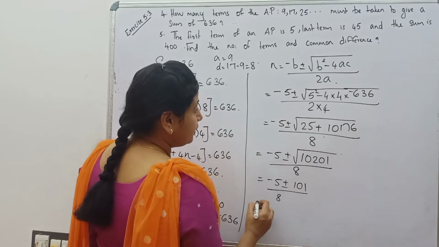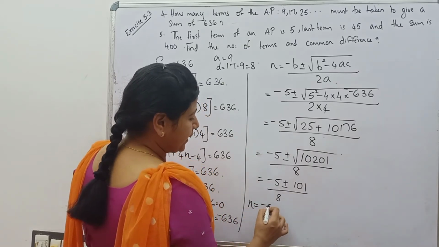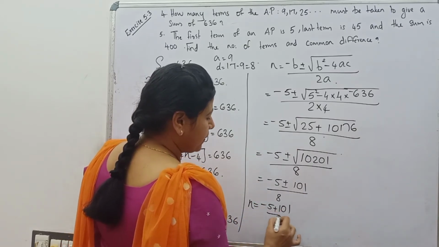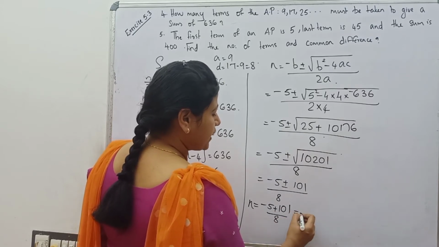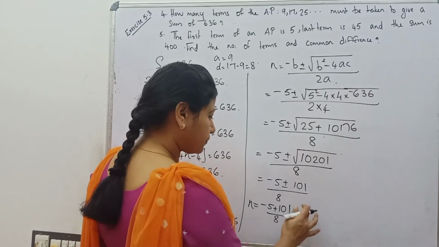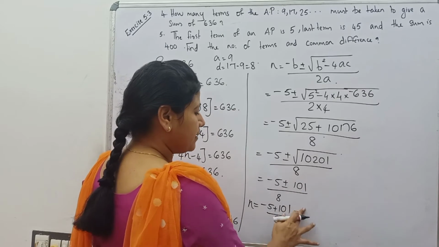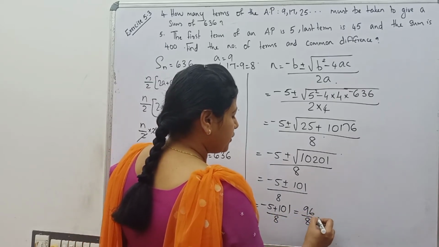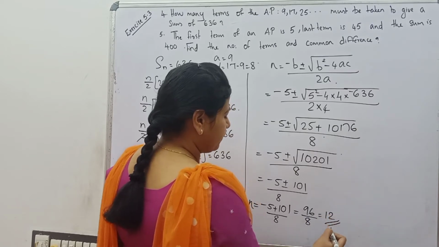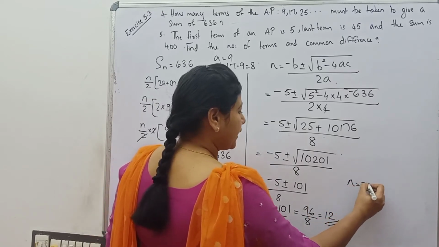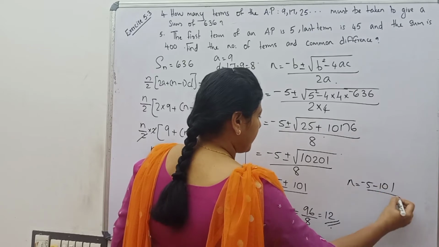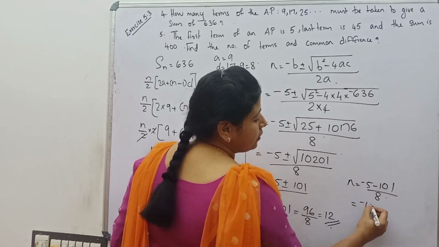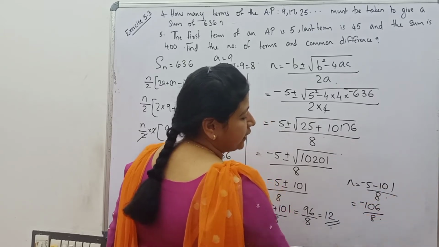We have two values: n equal to negative 5 plus 101 by 8, which is equal to 96 by 8. So we'll get 12, n equal to 12. The other case is n equal to negative 5 minus 101 by 8. This is not possible since this will be a negative number. So we cannot take this n.